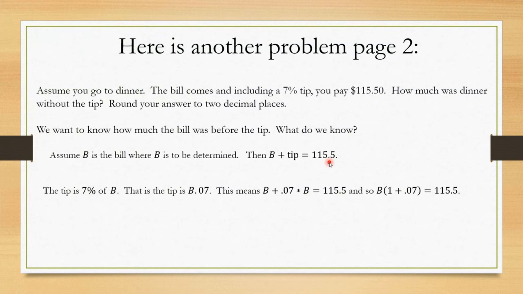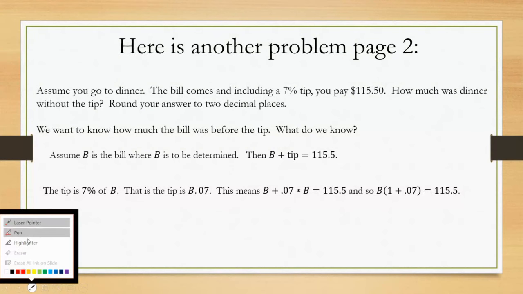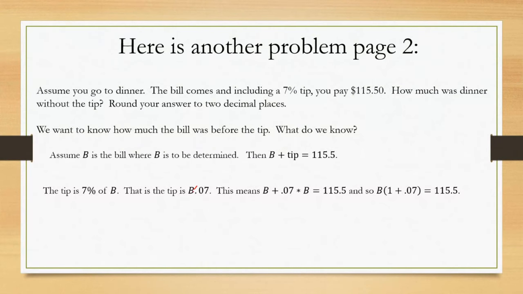So algebraically, since the tip is 7% of B, the tip is B times 7%, which is B times 0.07.